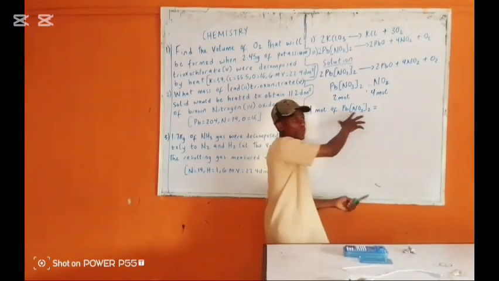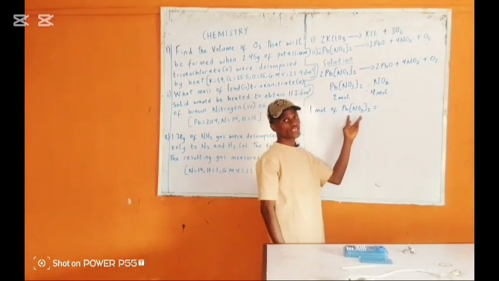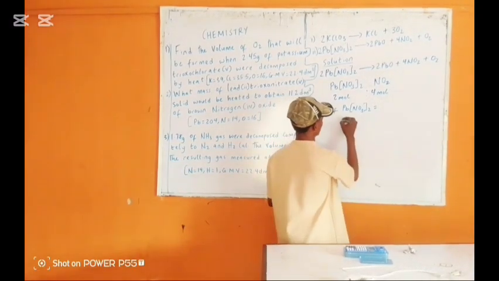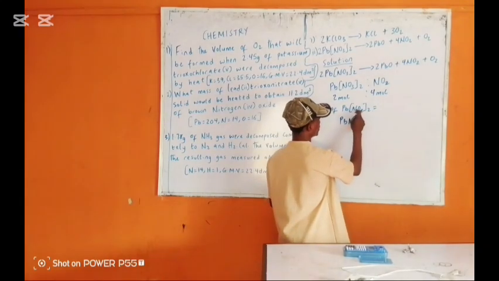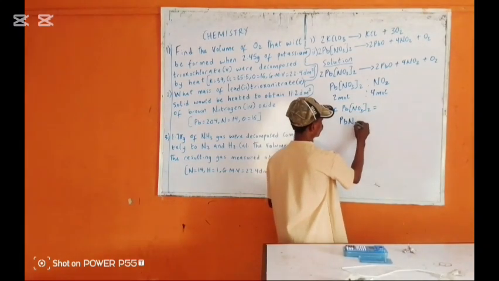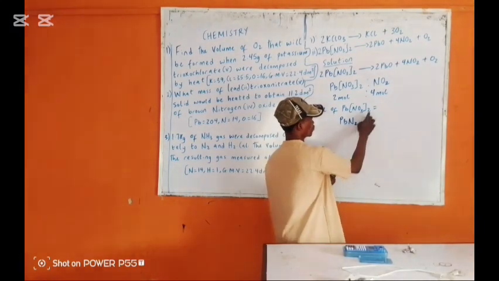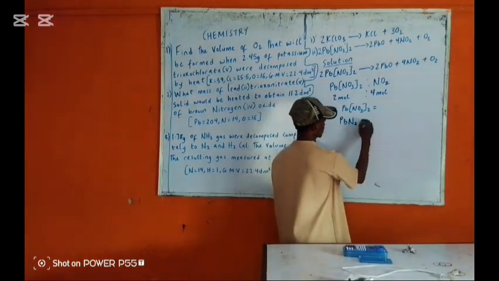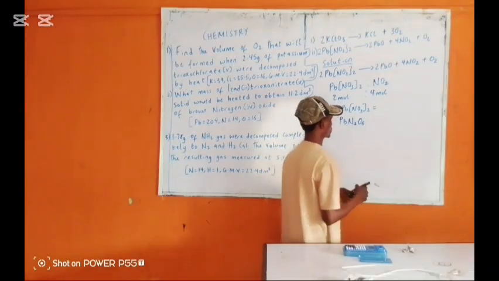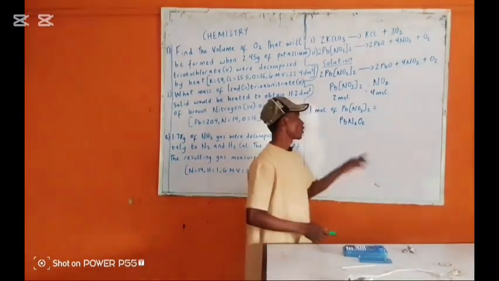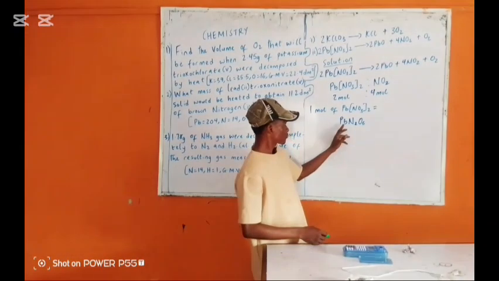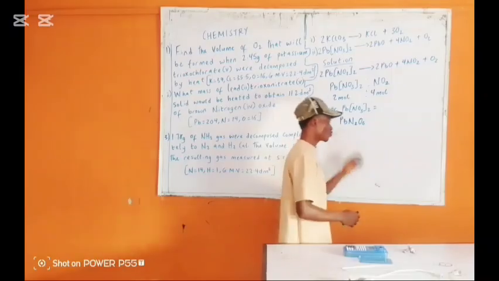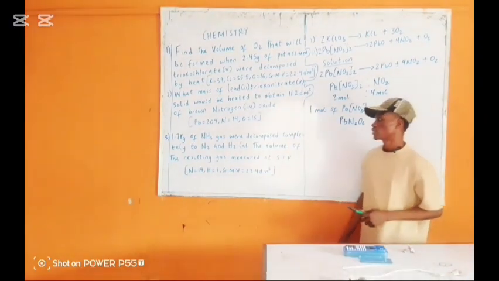So what we have here is the same thing as this 2 times 1 here, having 2, and 2 times 3 here, we're having 6. So this will make our work much easier. So lead here is 204.